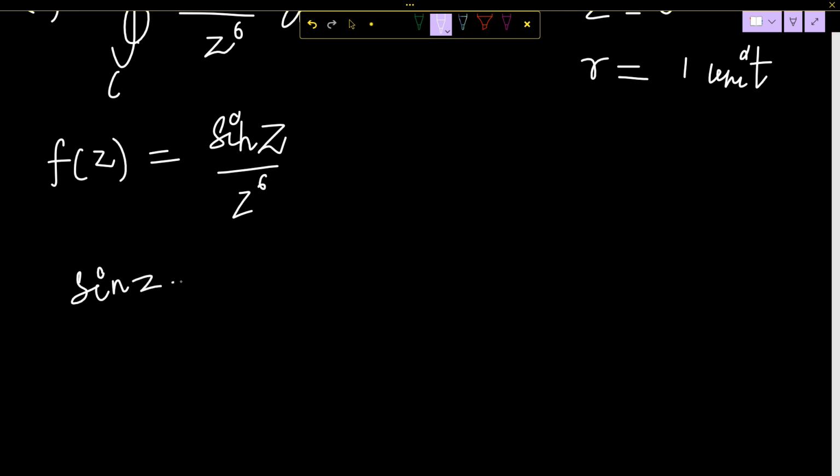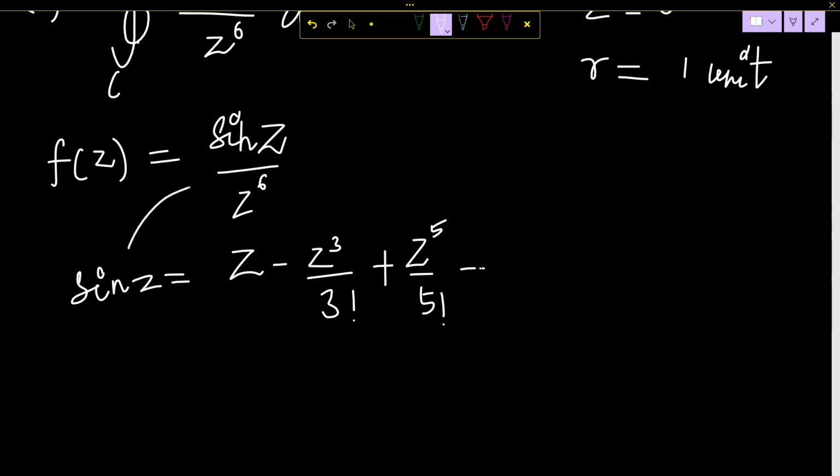Sine z is z minus z cube divided by 3 factorial plus z to the fifth divided by 5 factorial, minus, and it will go on and on like this.